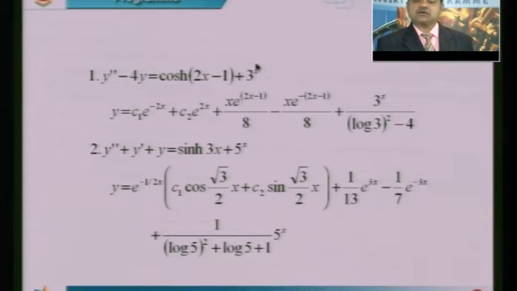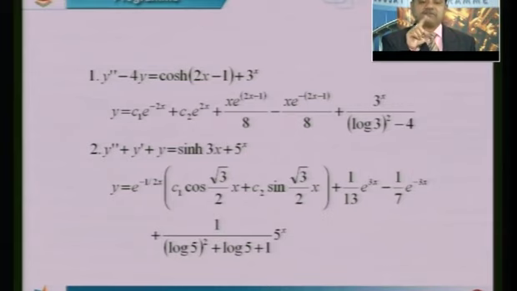Last class I told you, suppose you get only a constant on the right hand side, say you want to find the particular integral of 5, for example. That 5 into 1, that 1 can be represented as e power 0x. So we bring it to the form e power 0x and replace D by 0. Here one more form is given, 3 power x, that also we have to convert.